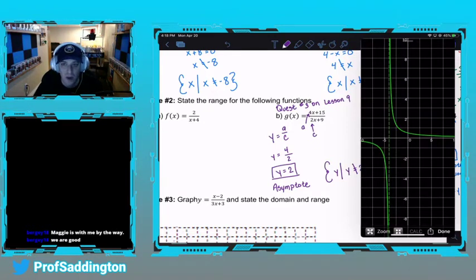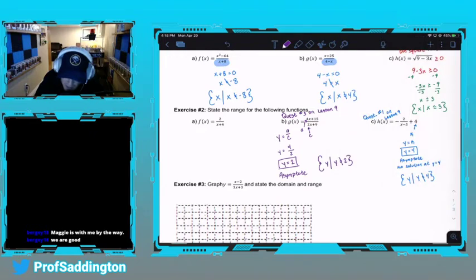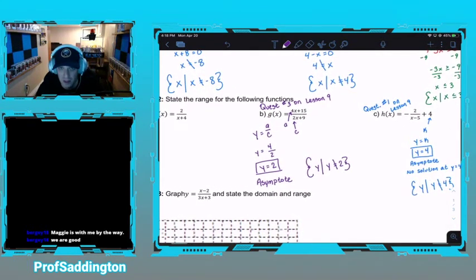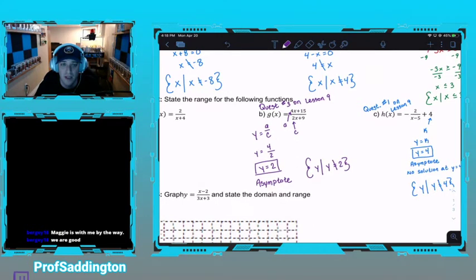Now, the reason why I say this is the easiest one is because when you're looking at the y values, if they're not in the form like part B was, notice part B had x's on top and bottom. Part A does not have x's on top and bottom, so it's not like that question. And if you look at the last question, it's very similar to part C, except part C had that plus 4 at the end.